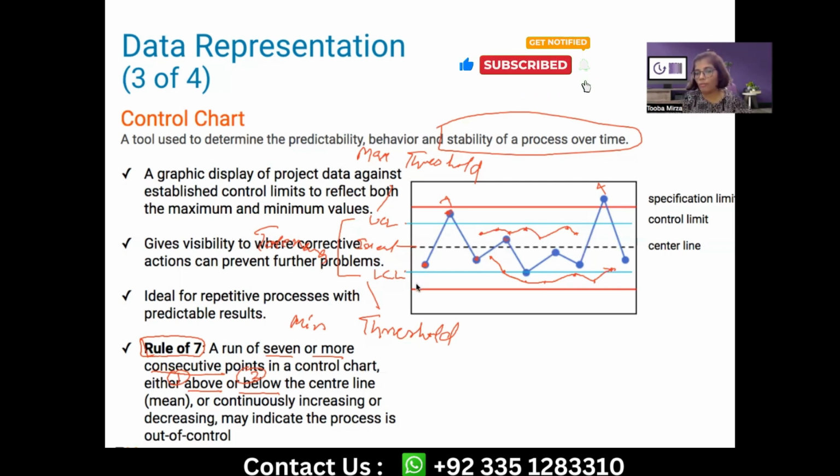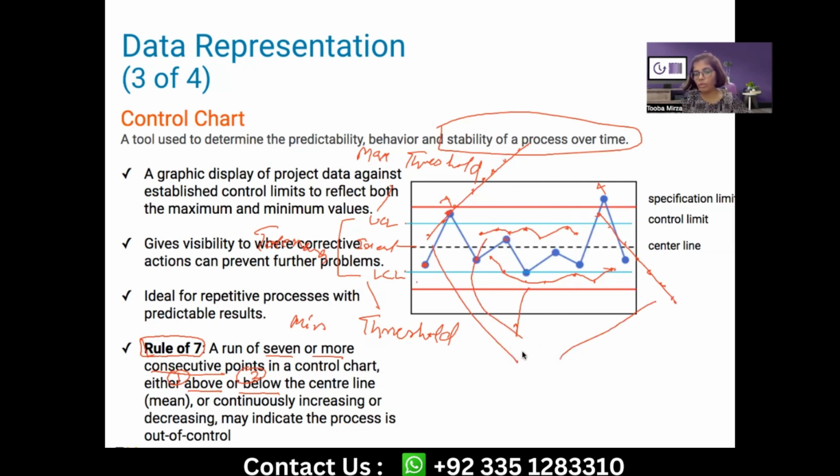Or if you have, like, it's not really above or below the center point. If the graph is moving something like this, continuously increasing over a certain number of points, or continuously decreasing, maybe something like this, then any of these indications tells you that your process is out of control.